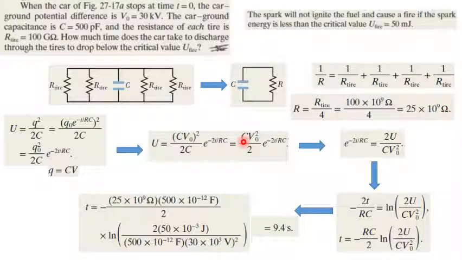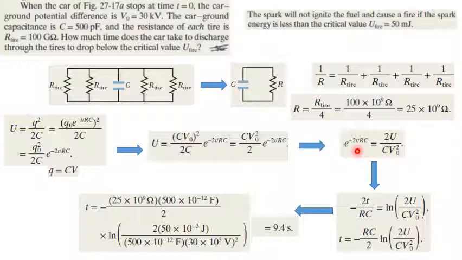So this is the stored energy as a function of time. We can say that e to the power minus 2t over RC equals the reciprocal of this term, 2 over C V naught squared, multiplied by U. We want to find the time.